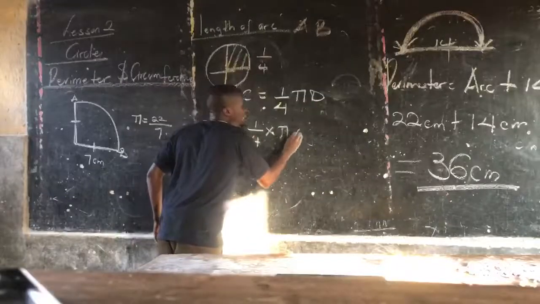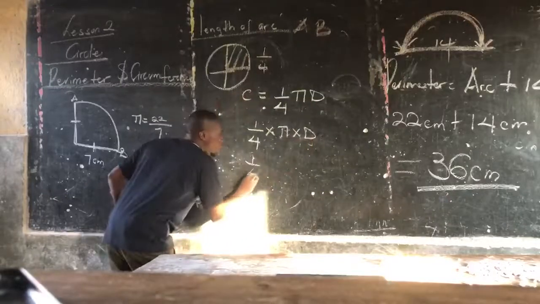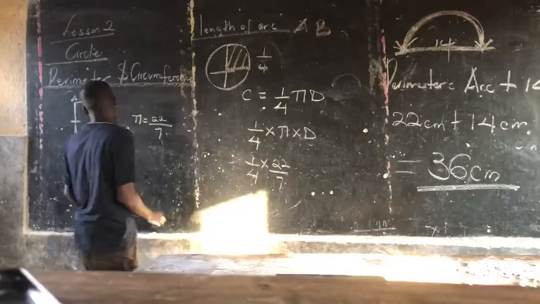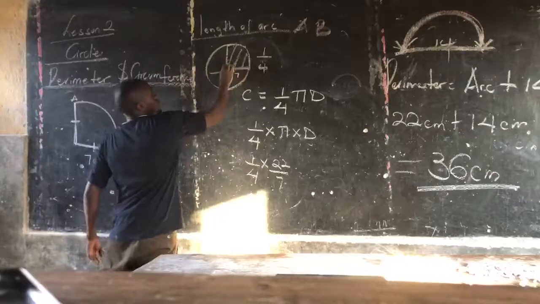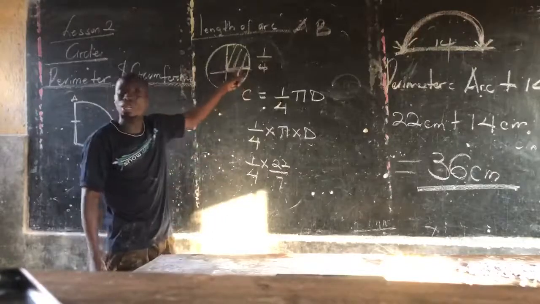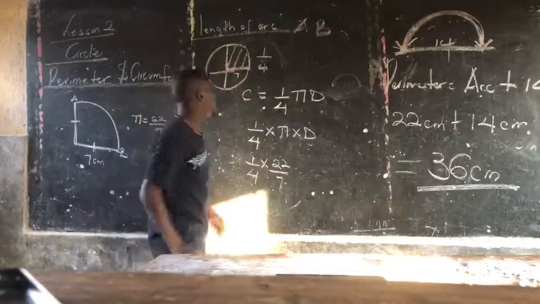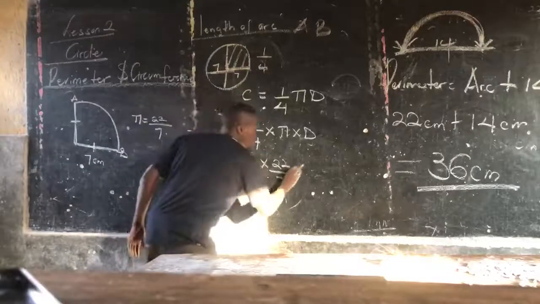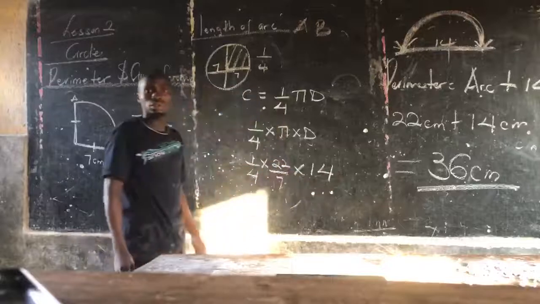A quarter times pi, which is 22 over 7, times the diameter. But this 7 is the radius, not the diameter. So the diameter is 7 plus 7, which is 14 centimeters.